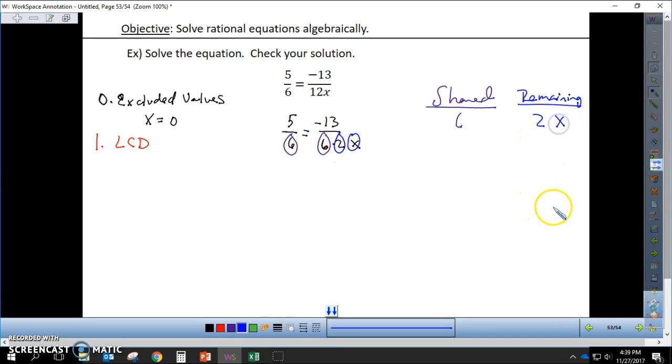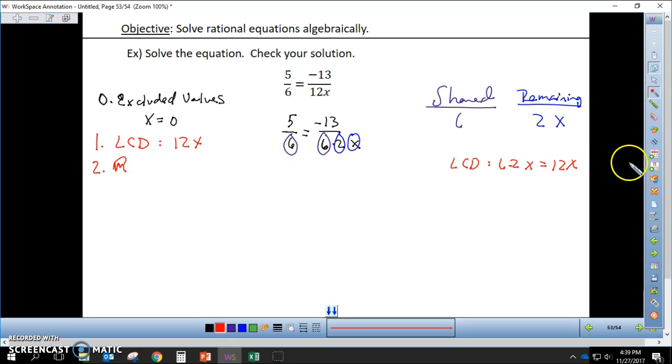Therefore, our LCD is 6 times 2 times x, which is 12x. No biggie. So LCD, 12x.